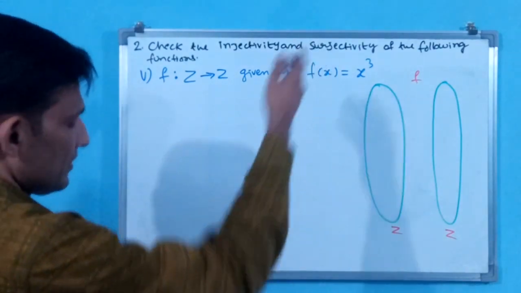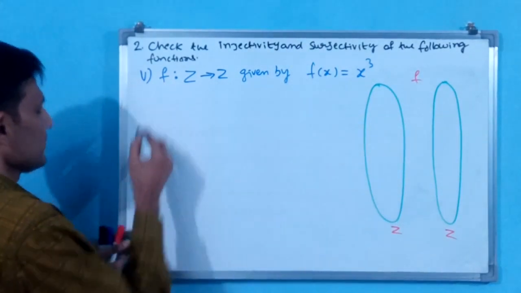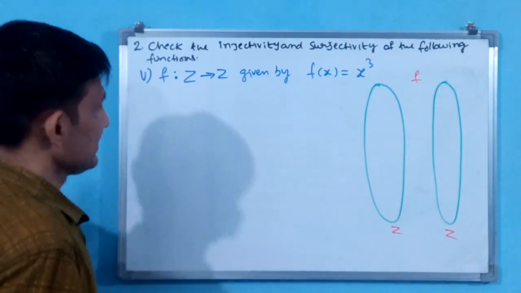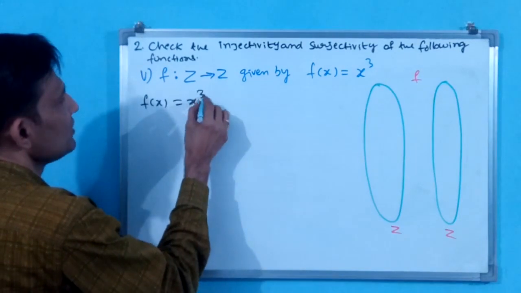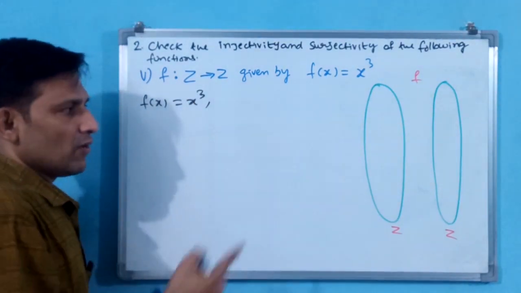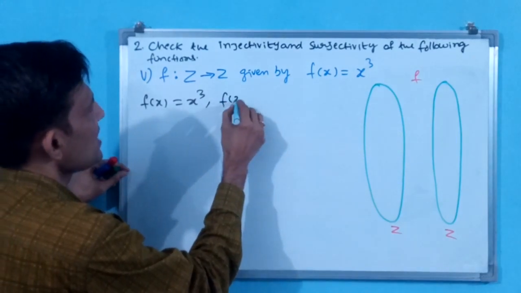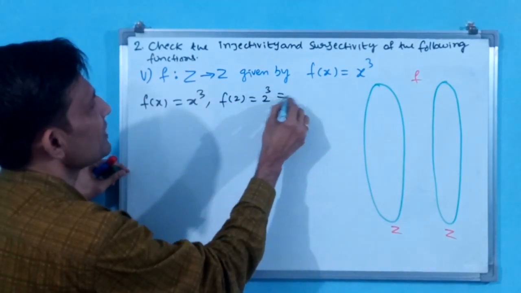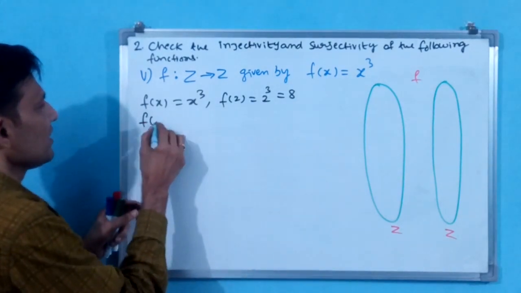Okay. Now we write the function f of x is equal to x cube. This is the function. Now what I do, I take 2. F of 2 is equal to 2 cube, that is equal to 8. Okay, another one also I am taking. Let me take f of minus 2.